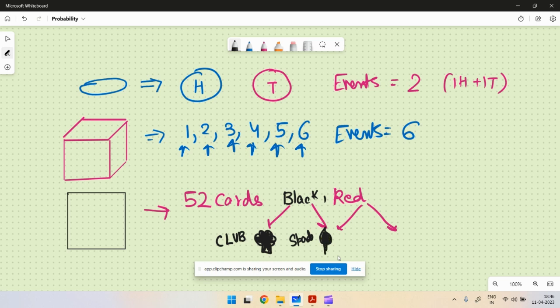And in red, there is heart. As the name says, it is heart. The other one is diamond.